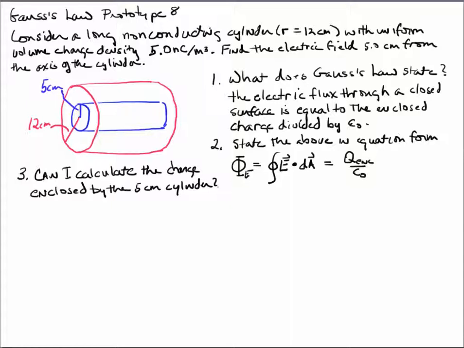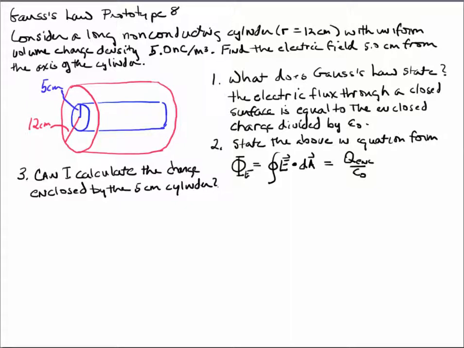Now the question is, can I calculate the charge enclosed by the 5 centimeter cylinder? How do I do that? Remember that I'm given the volume charge density 5.0 nanocoulombs per meter cubed. How do I get to the total charge given the volume charge density?